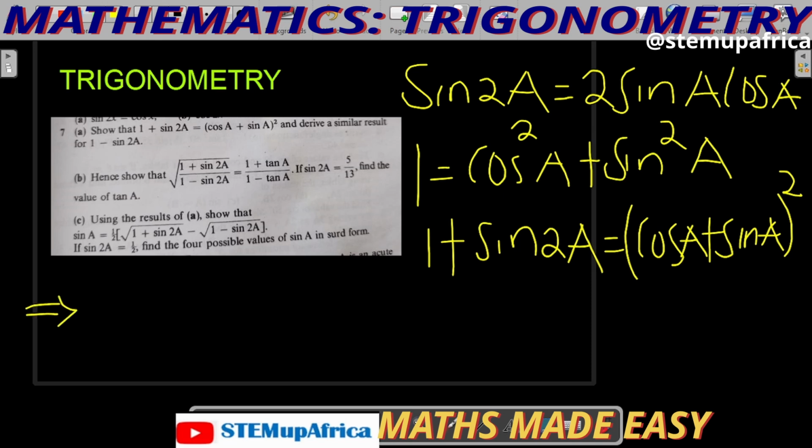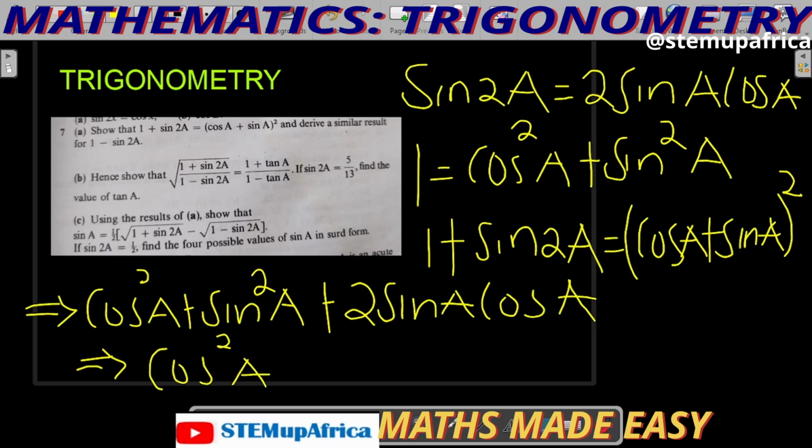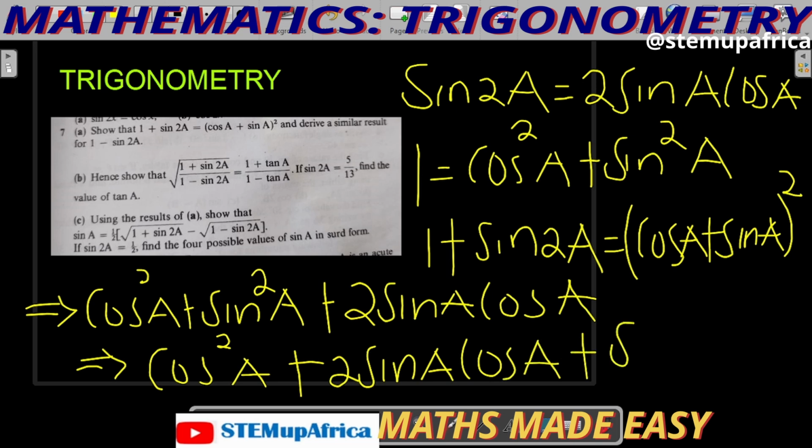That implies cos square a plus sine square a, that's the place of 1, and in place of sine 2a, I'm having 2 sine a cos a. So I can arrange this expression as cos square a plus 2 sine a cos a plus sine square a.